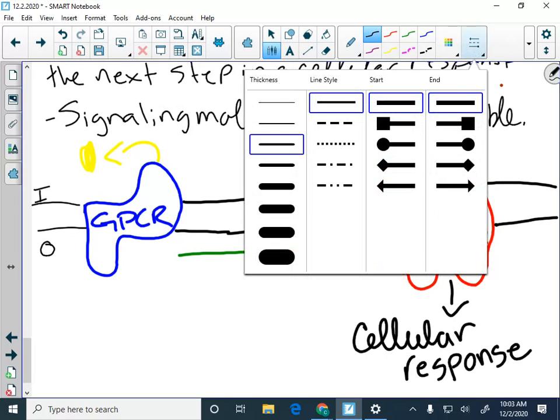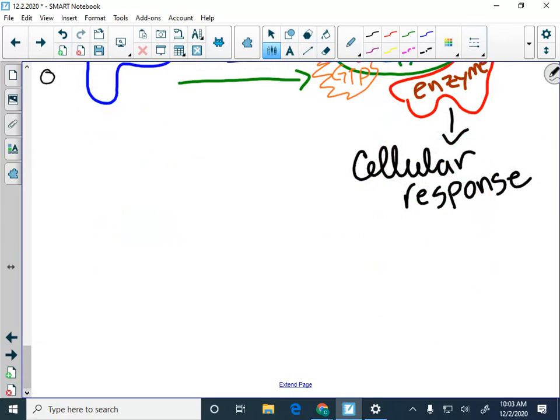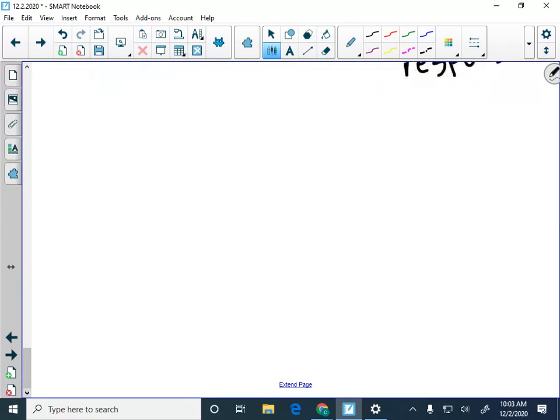Because we've got our cellular response, all we have to do is get back to normal. So, step 4, our enzyme will hydrolyze GTP into GDP. In order to trigger that cellular response, it needed some energy, and that energy comes from our GTP.